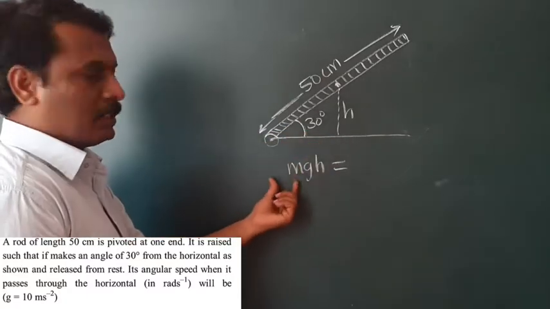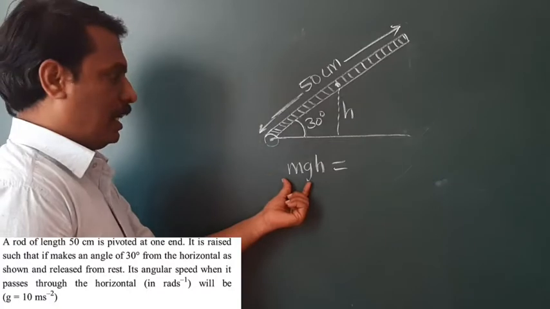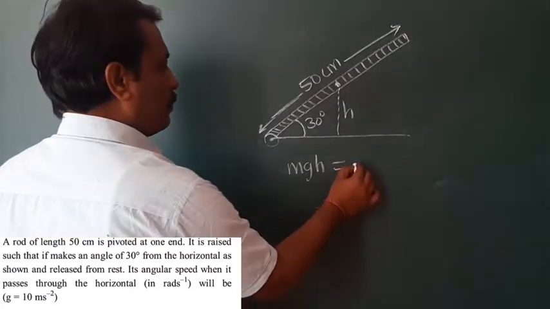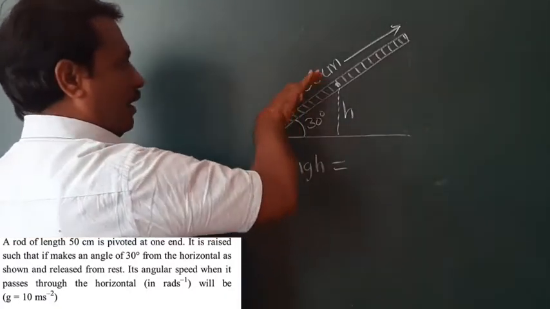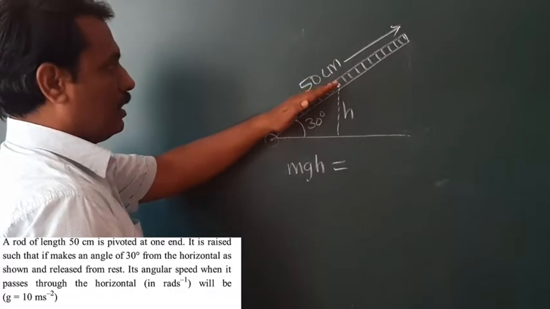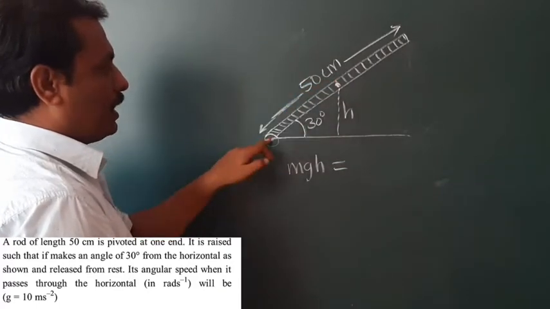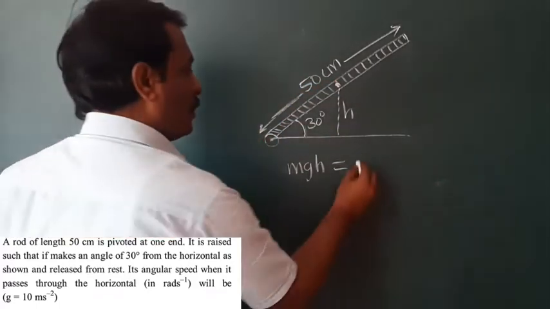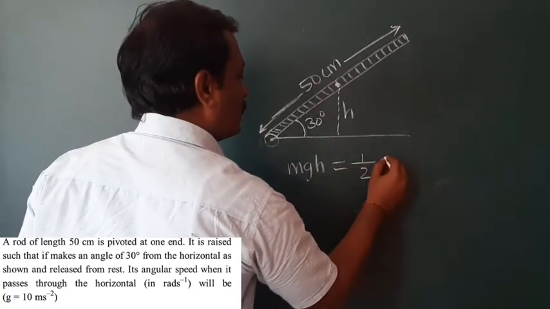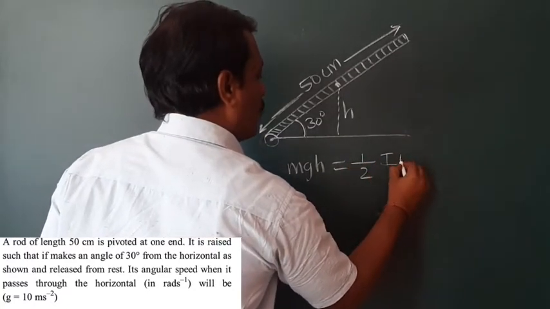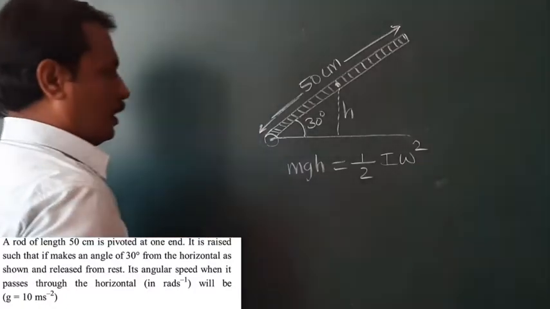Therefore the change in potential energy is mgh. When it is released it will rotate, fixed at one end. Therefore its rotational kinetic energy is 1 by 2 I omega square.